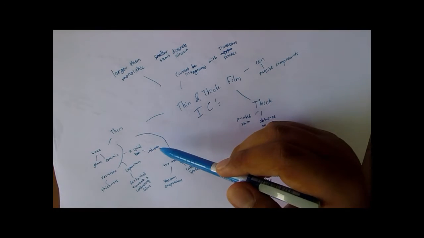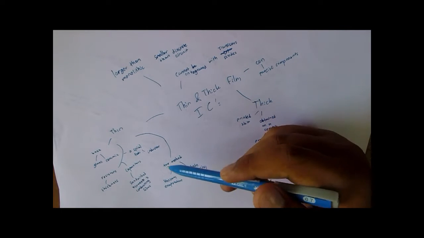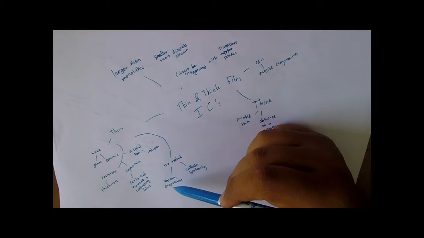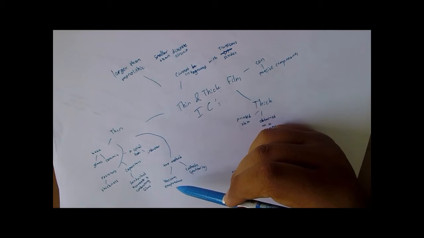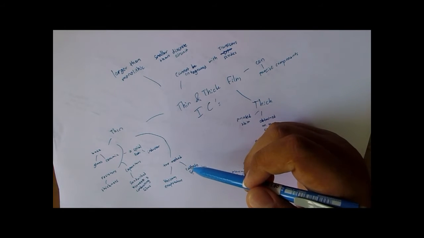There are two methods of producing thin film. One method is called vacuum evaporation, which uses vaporized material deposited on a substrate contained in a vacuum.